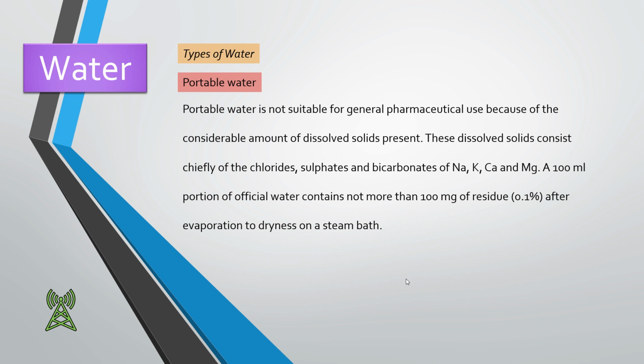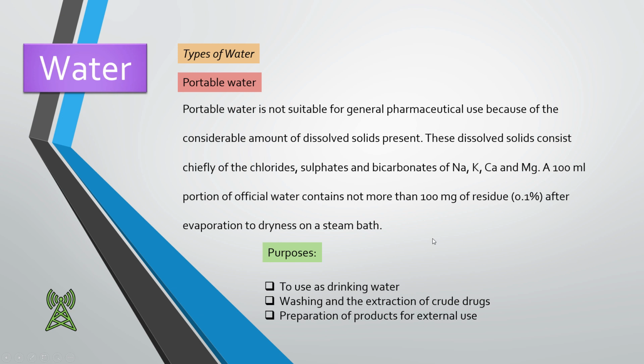So it is not used for pharmaceutical production. To use it for the drinking purpose, washing and extraction of crude drugs, it can be used, and for preparation of products for external use sometimes.